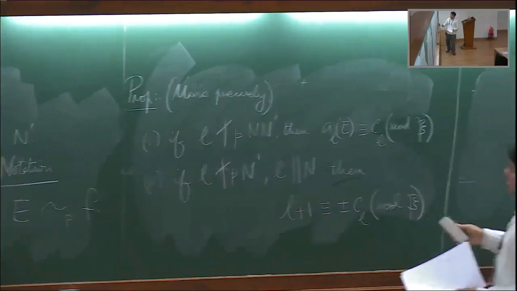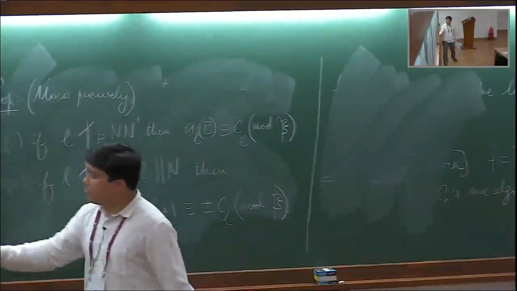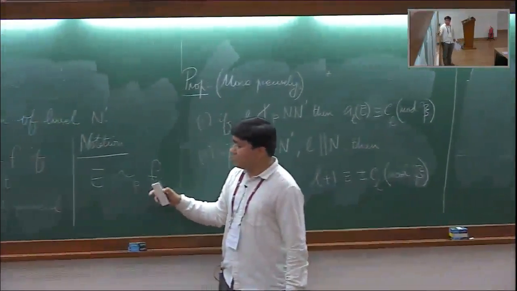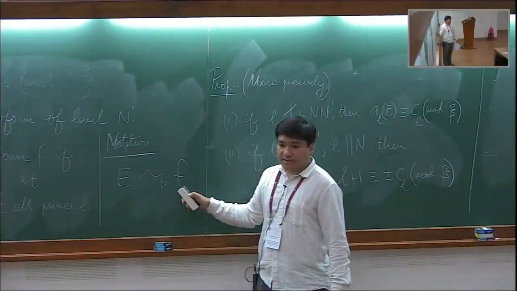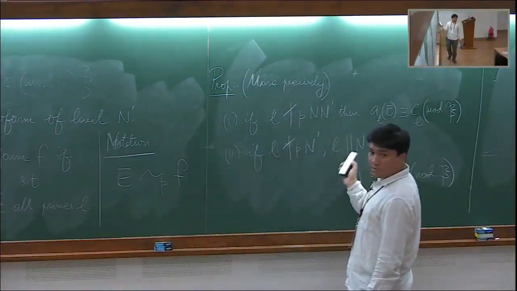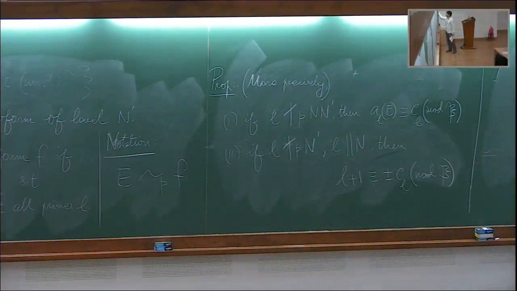Even if I have written a cusp form here, I can very well say E is congruent to another elliptic curve F, then such a thing should be true, using Shimura's theorem.